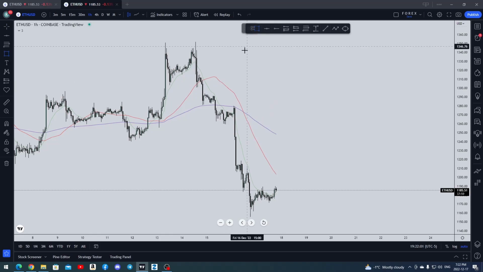So we're in this bit of price action right here. What we notice is we previously came from this bullish environment, and we can tell it's bullish because the 14 EMA is above our 50 EMA.